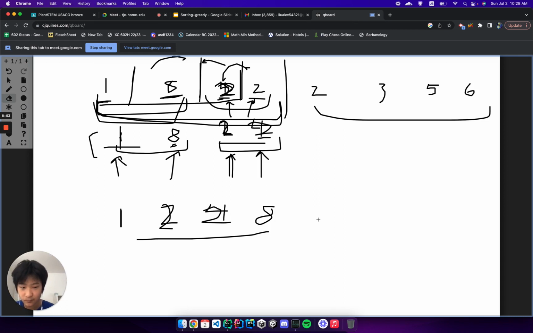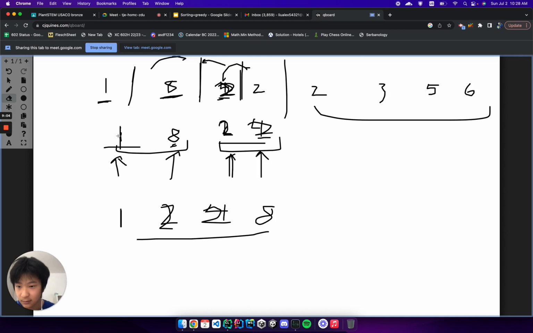Essentially, okay, let me erase these markings. Basically, the whole idea of merge sort is that we split our array and then we merge 2 sorted arrays.